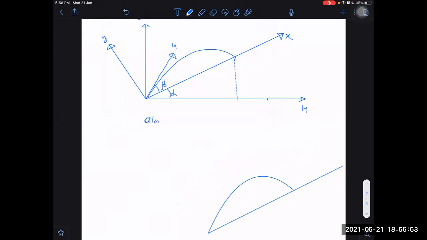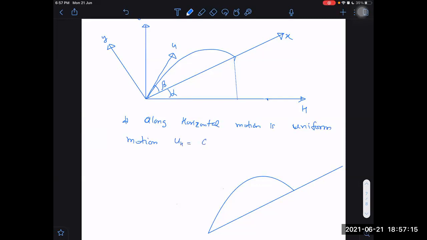Along horizontal, the motion is very simple. It is uniform motion, not uniformly accelerated. Remember, I am saying uniform motion. Along horizontal the velocity will be constant.